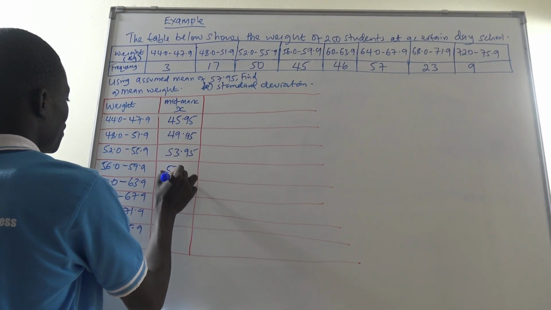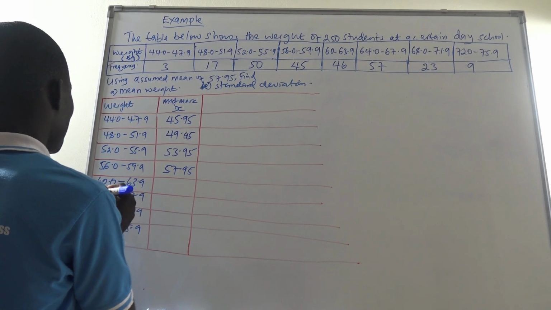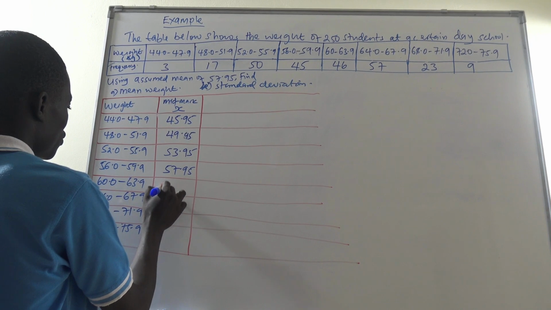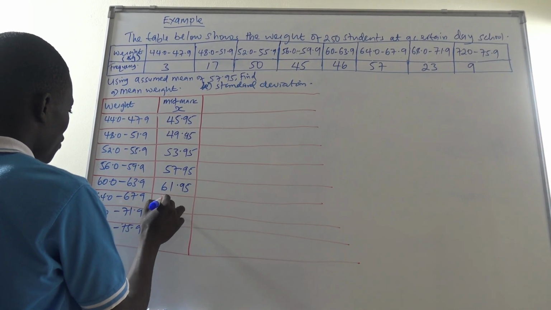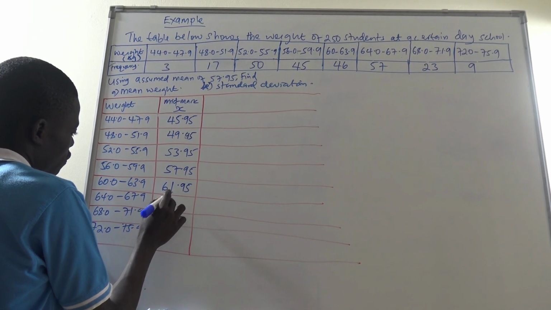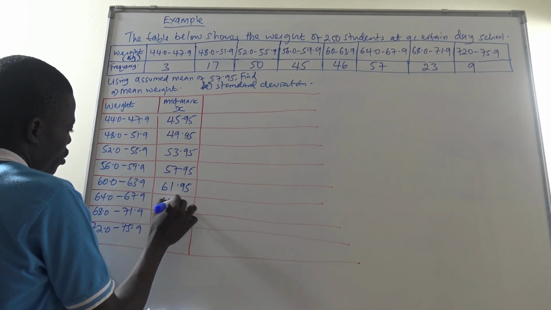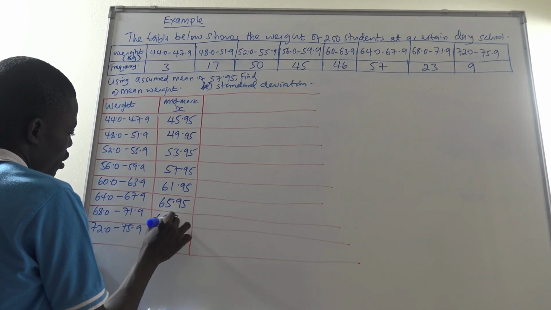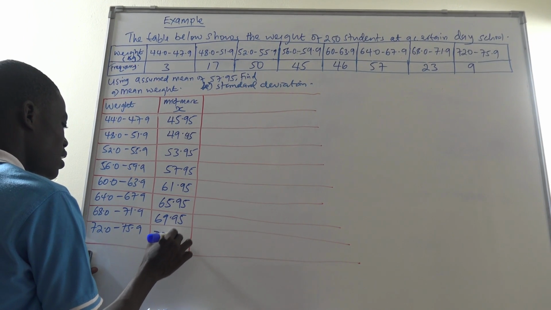Then we have 57.95, and then 61.95, then 65.95, then 69.95, and then we have 73.95.